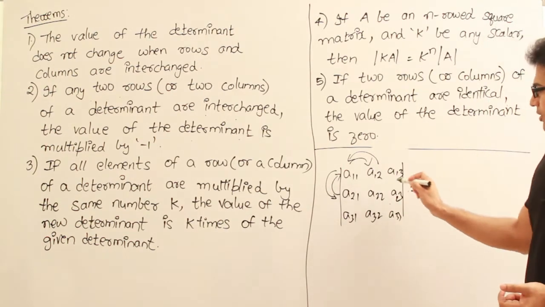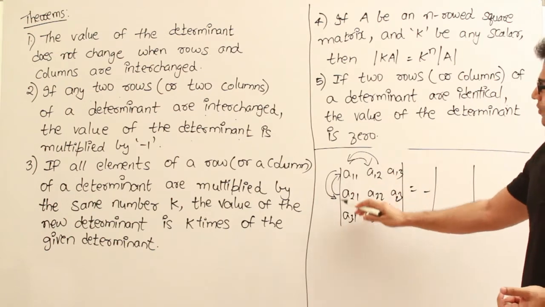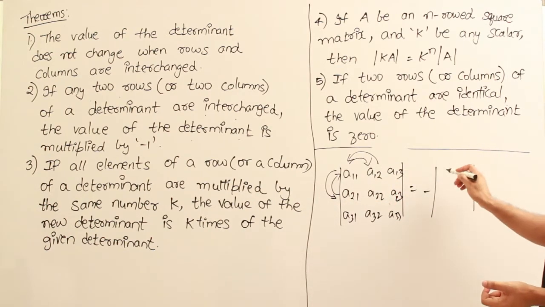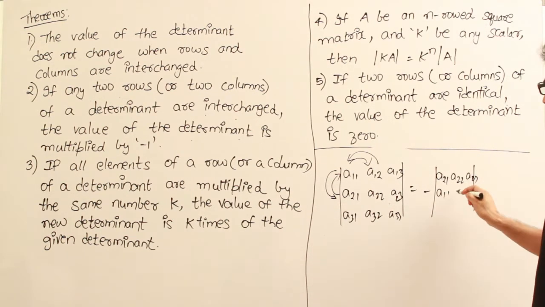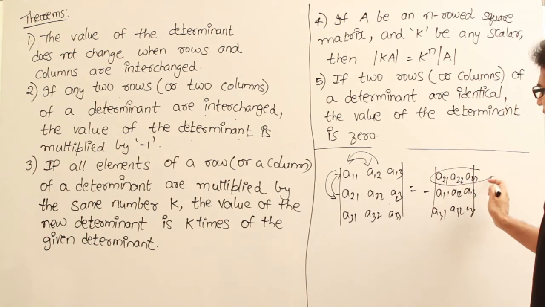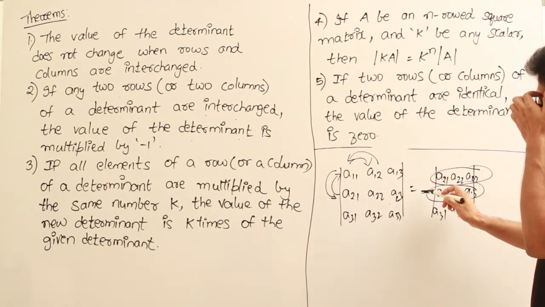So you can put a minus. I'm just exchanging these two rows, which means A21, A22, A23, A11, A12, A13, A31, A32, A33, which means if I exchange two rows, the value has to be multiplied by -1.